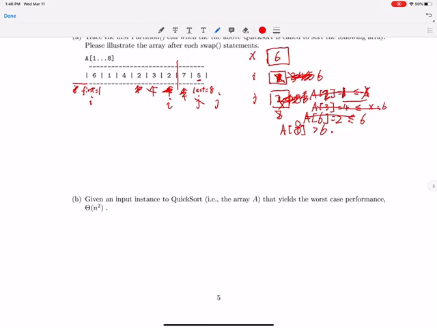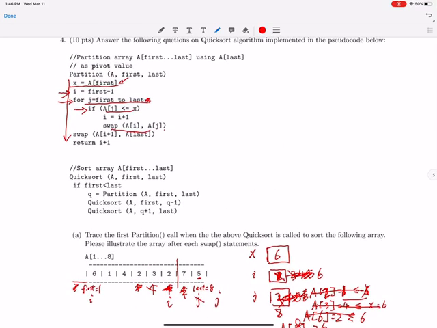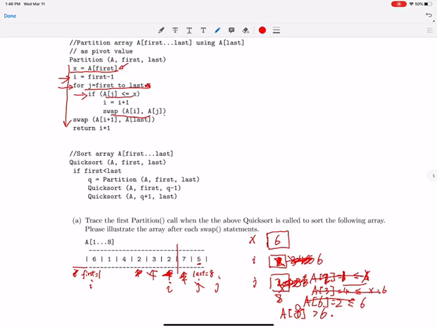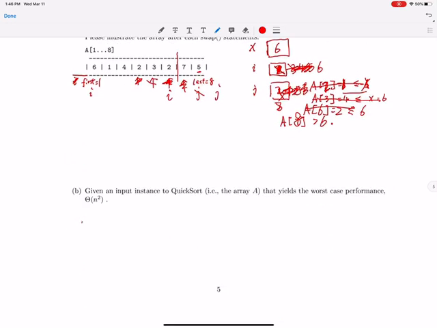Given the input instance to quicksort that yields the worst case performance, the thing to remember is that we're using the first element as our pivot value. An example that gives you the worst case performance would be when the list is fully sorted already.